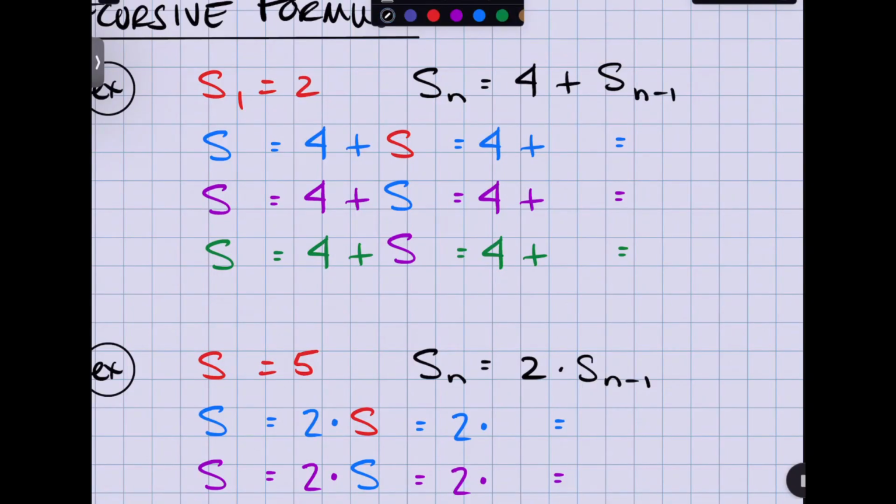So that means S sub 2 will equal this 4 plus the previous term, S sub 1. I know S sub 1 is 2, so I know that this value is going to be 6.